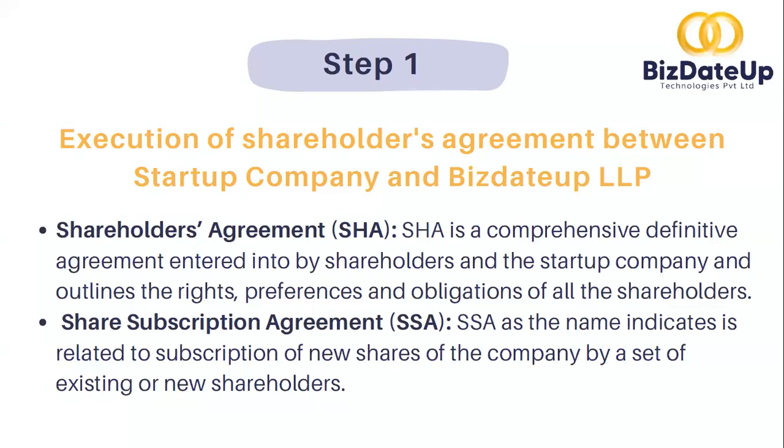I'm starting with the first step, that is the execution of agreements. What are these agreements, basically? Whenever any investment is made into a startup company, let's take an example: a startup named Revamp. Suppose Revamp wants to take 100 crore of investment from investors, and out of that Bizdateup has given a commitment of 1 crore, that yes, we will collect 1 crore of investment so that we can be on the cap table of the company.